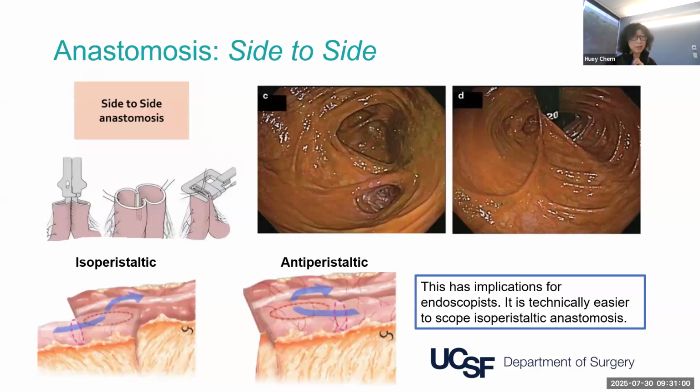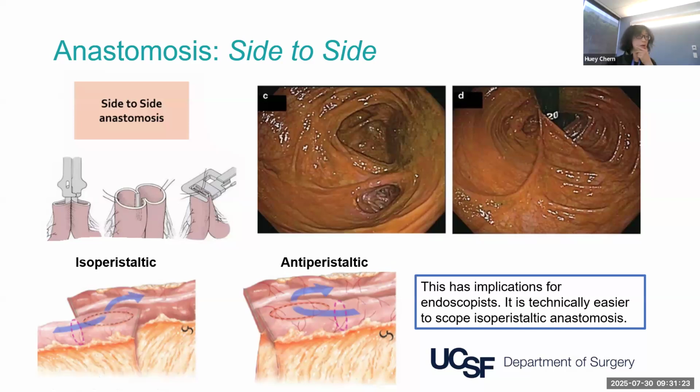I would say that configuration is what we call anti-peristaltic. Endoscopically, it is a little harder to evaluate the proximal part of the anastomosis, as you have to do a weird U-turn to look further back.